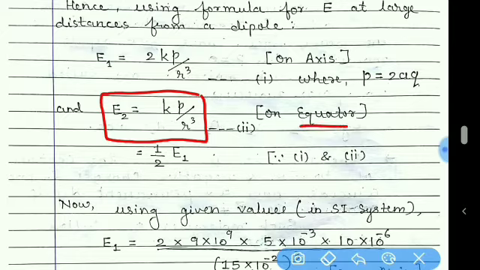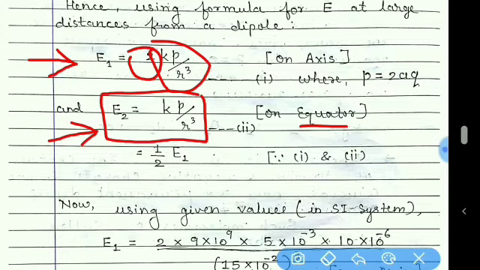Now you can see, compared to the electric field on the axis, the electric field on the equator is half. You can see here there is twice of kp by r cube, and here it is simply kp by r cube.